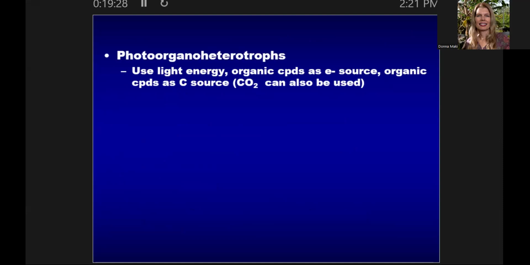Photo-organo-heterotrophs. So these are weird. They use light energy, but instead of taking in CO2, most of them grab an organic source nearby and take that in. Some can do CO2, but most seem to just say, I'll just take an organic chemical and bring that in and use it for their energy, their electron and carbon source.